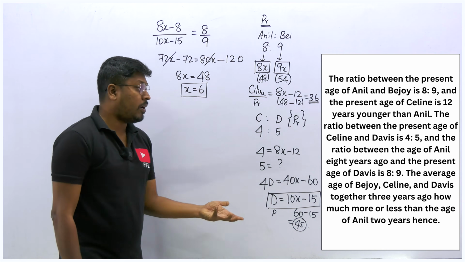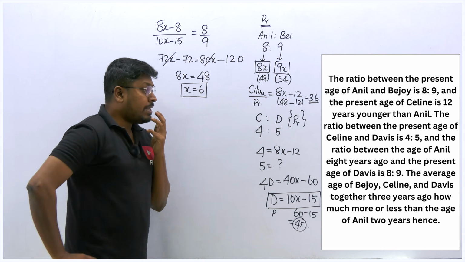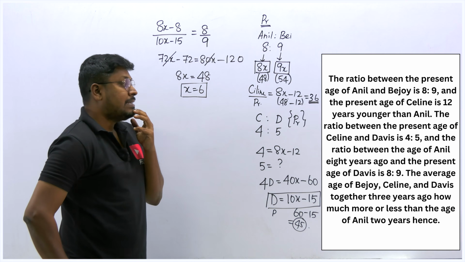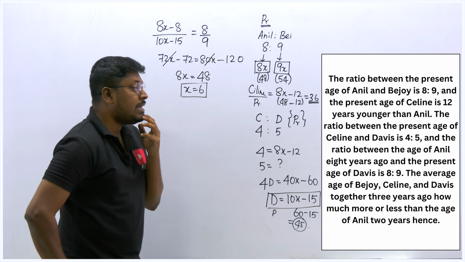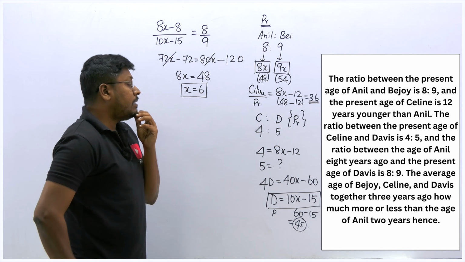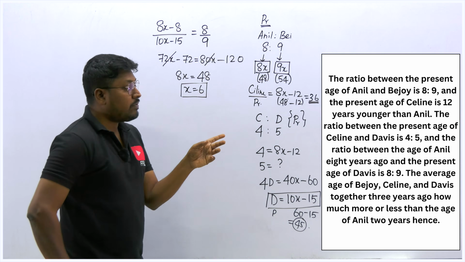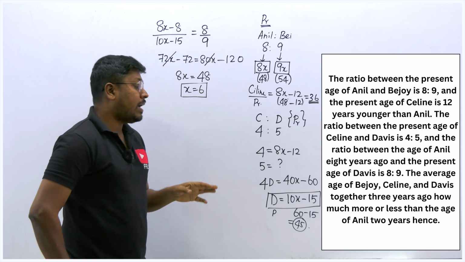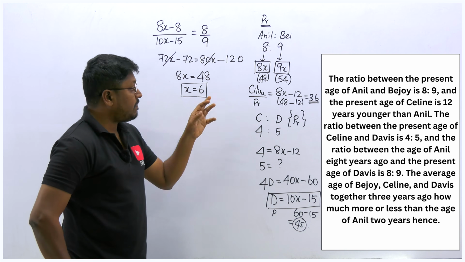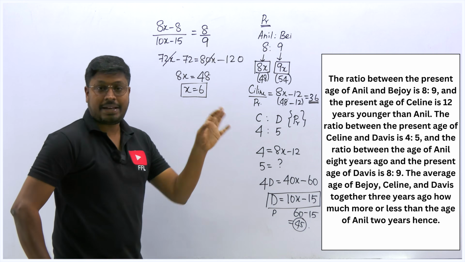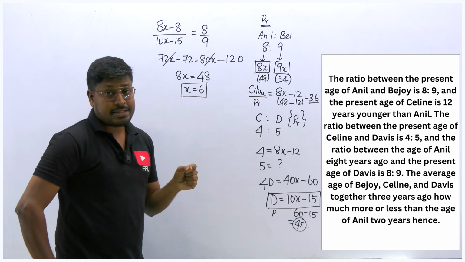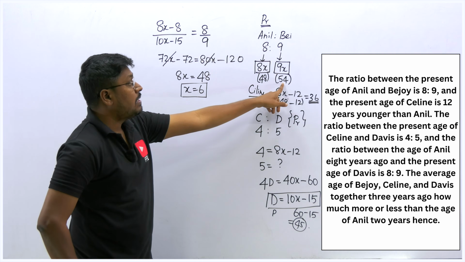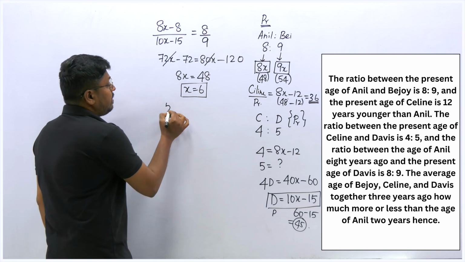Still some more points are given in the question, right? What they have given is the average age of Bijoy, Silen and Davis together 3 years ago. So we have to find the average age of all 3 persons 3 years ago. We subtract 3 for each and every person. Bijoy is 54, so 3 years ago his age will be 51.